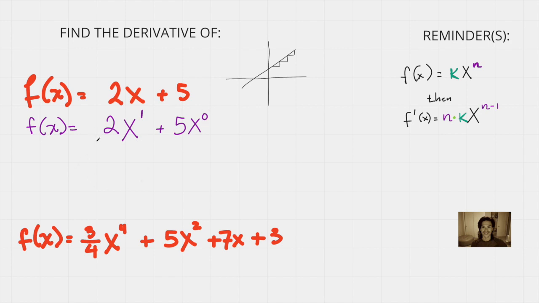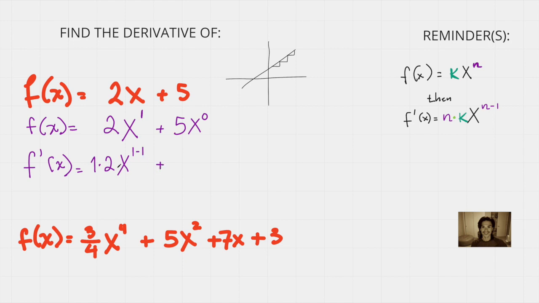Now to take the derivative of this, which is to find f prime of x, we need to drop that 1 power, just like the reminder over there. So we would have 1 times 2. We take the original power of 1 and subtract 1.